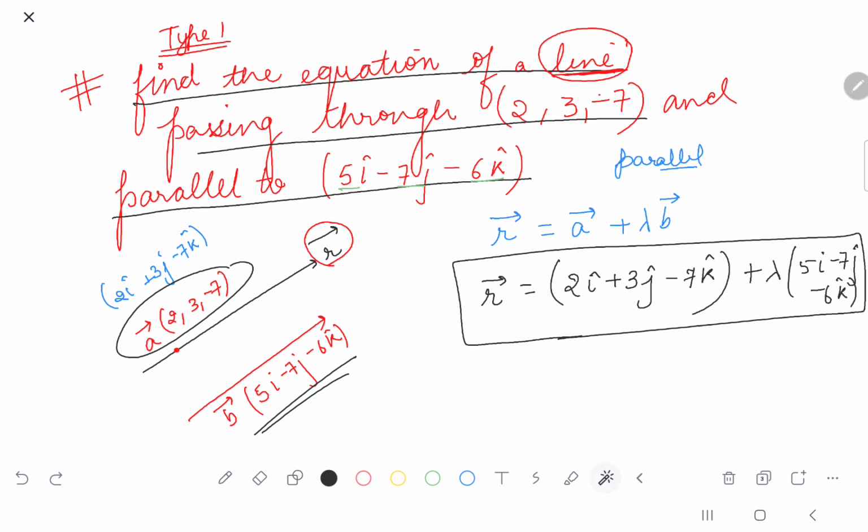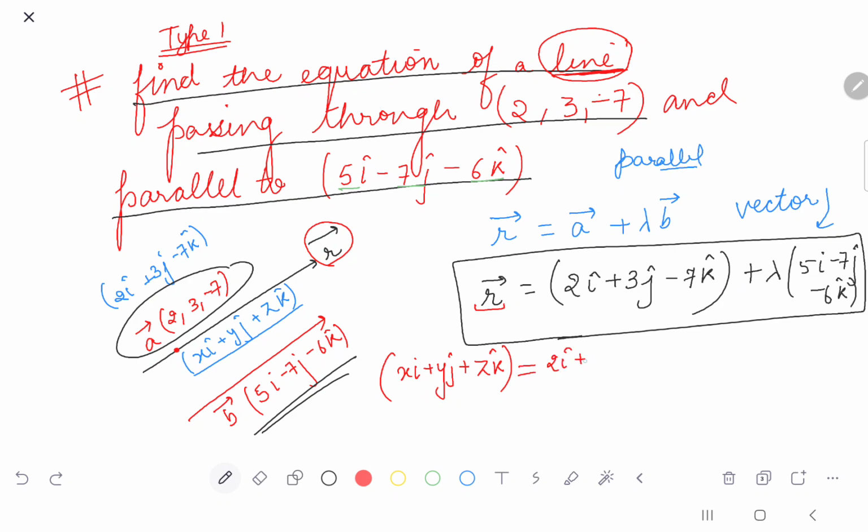Now understand, when I talk about R, do you understand that R is also a vector? So when R is just a vector, what would R mean? xi cap plus yj cap plus zk cap. Yes, ma'am. So basically, this is the vector equation that I have found. But if the question says to convert this vector equation into a Cartesian equation, what would you do? You will put R as xi cap plus yj cap plus zk cap equals, and here we will just open it.